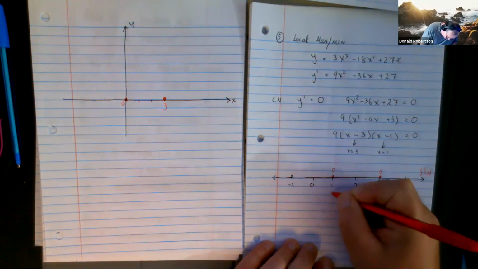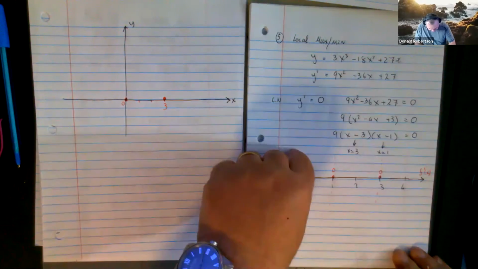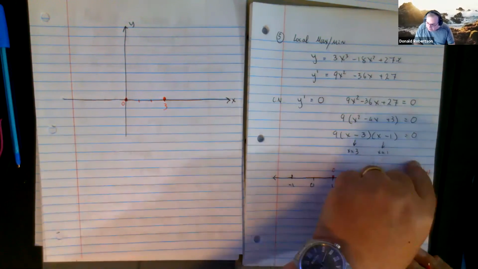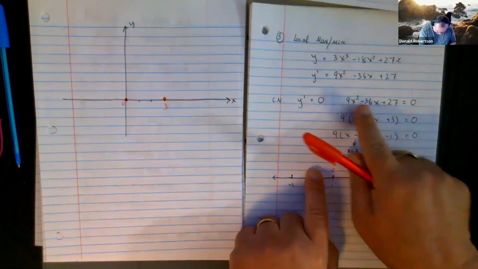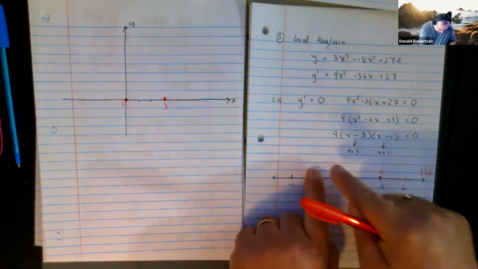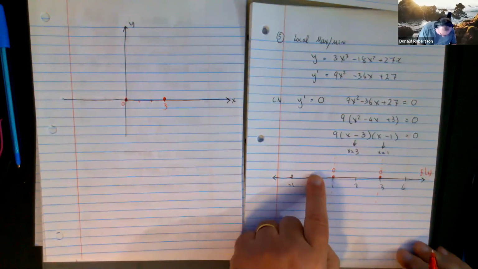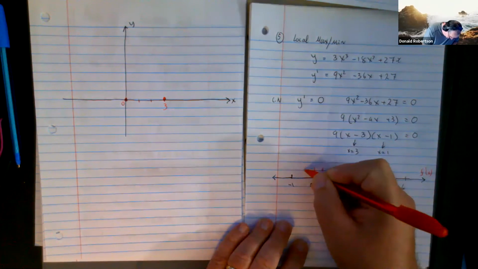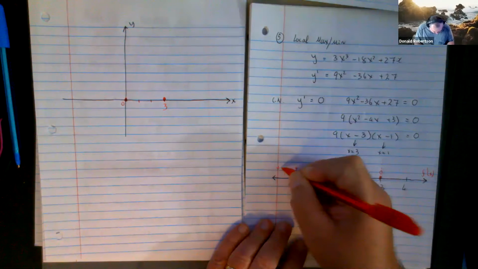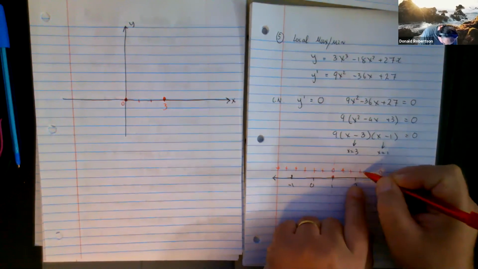Essentially, the 2 critical numbers split this into 3 regions. In each of these regions, I pick a test point. Once I choose a test point, I find out what the derivative is, and I only write down pluses or minuses, right? That's kind of what we did last time. So I'm going to pick 0. If you plug in 0 here, can you trust me that it's positive in that region? Then in this region, I'm going to pick 2. What is it? It's still positive. Is that it?